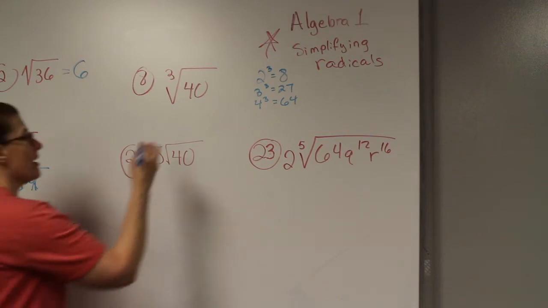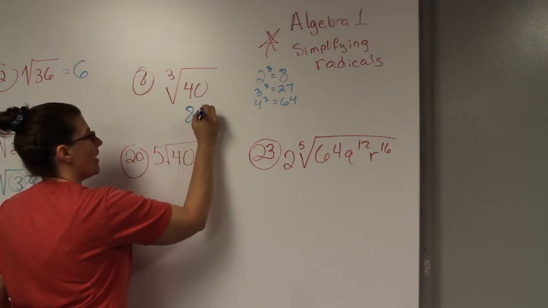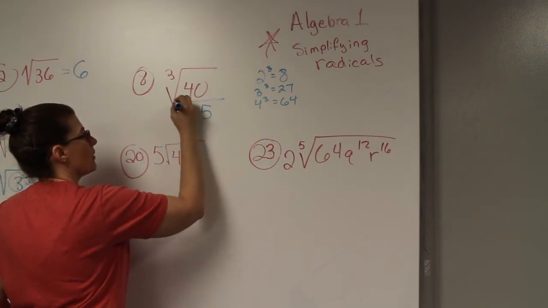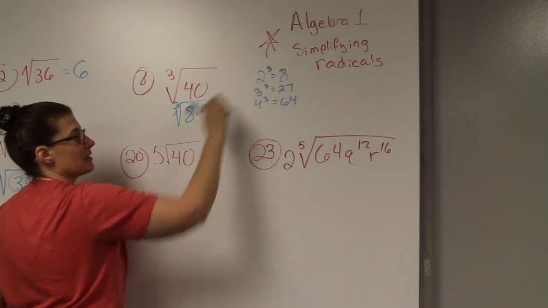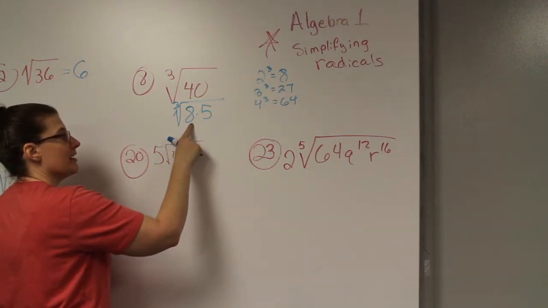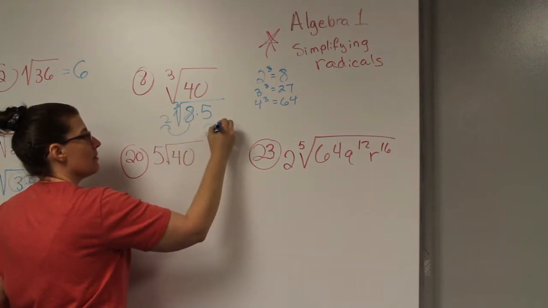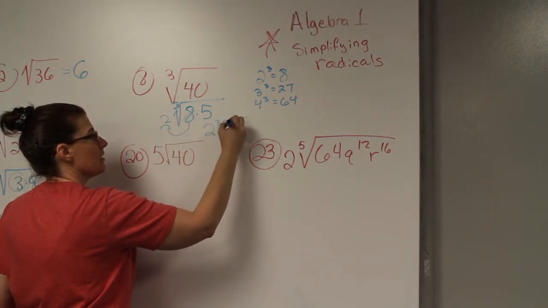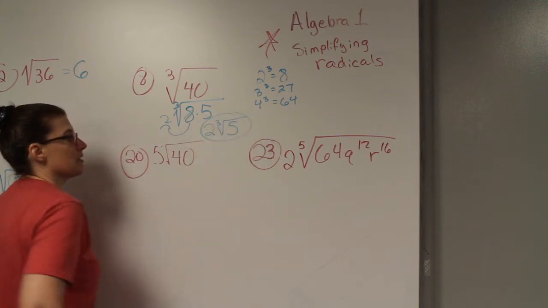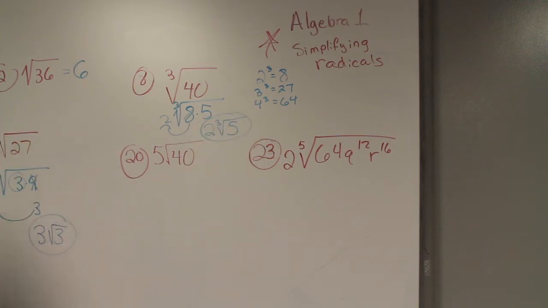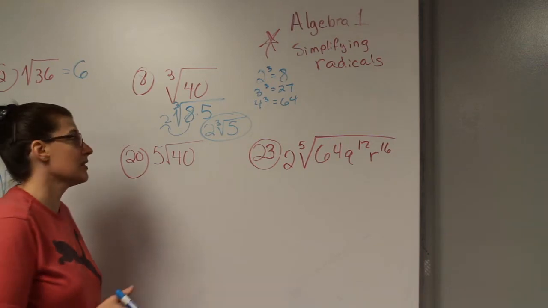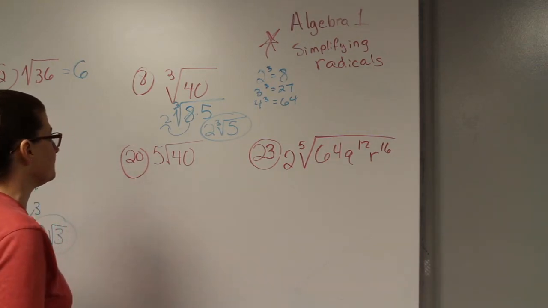Well, I know that 8 times 5 is 40, and there is a cube root of 8 because it's written right here. The cube root of 8 is 2. That 2 comes outside here, and my answer is left with 2 times the cube root of 5, and 5 is prime, so nothing is going to come out of that one. I can leave it alone.